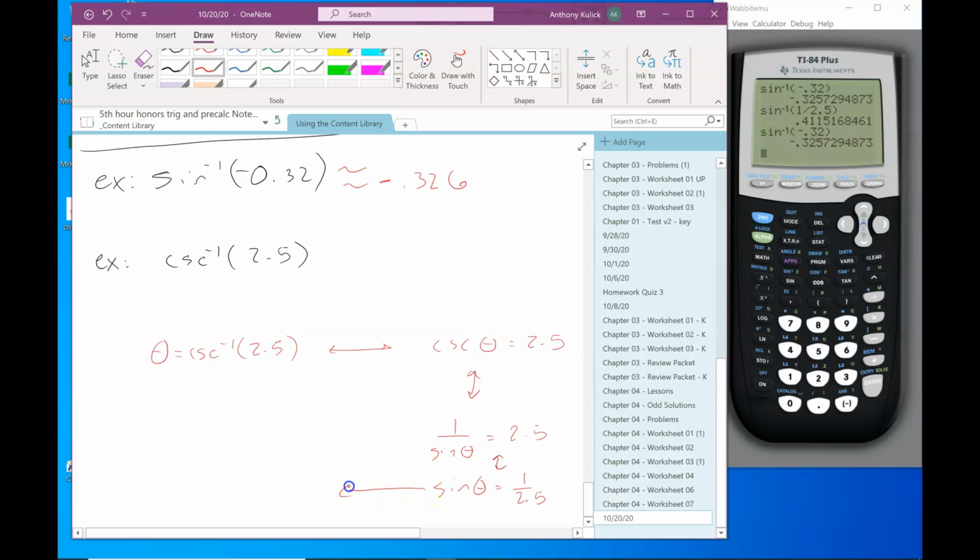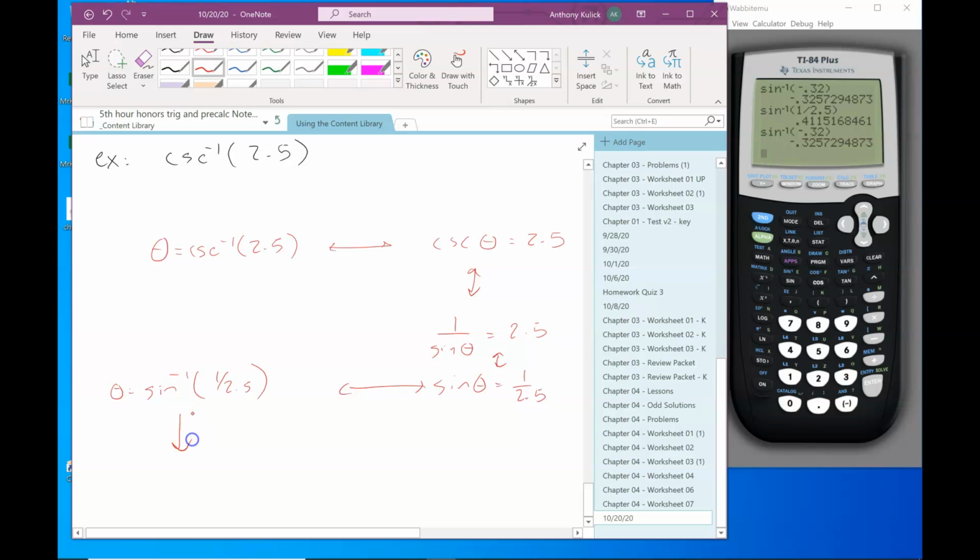So I can take that then and say that's the same thing as sine inverse of 1 over 2.5. And that's what I'm going to type into my calculator, which gives me about 0.412.